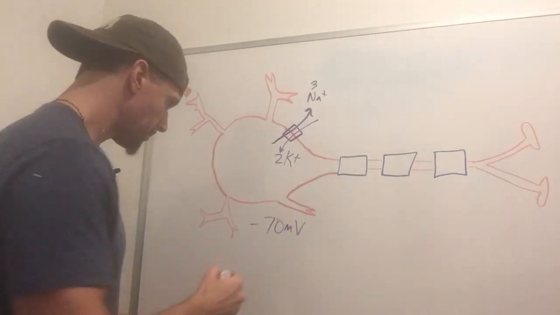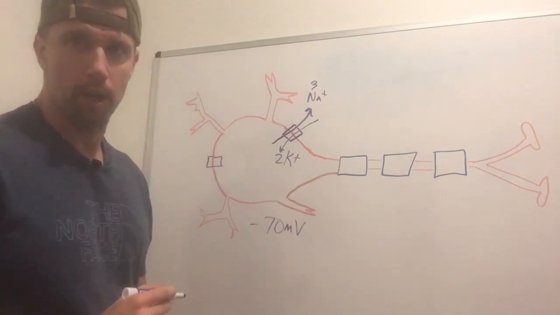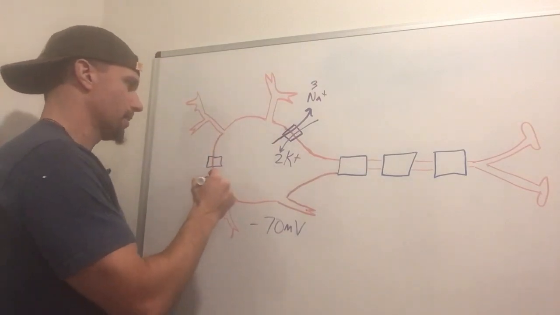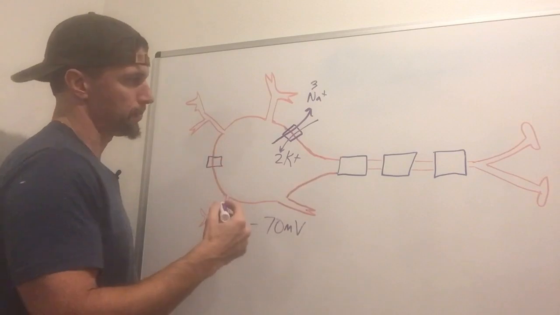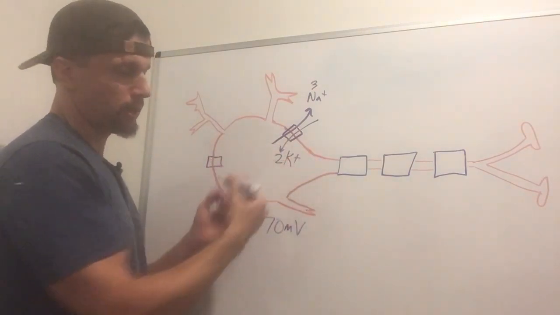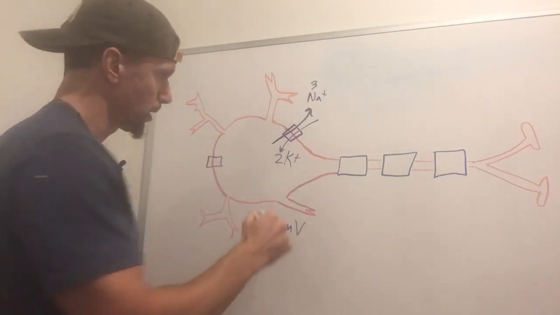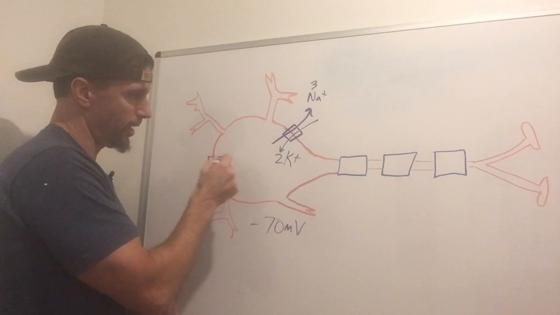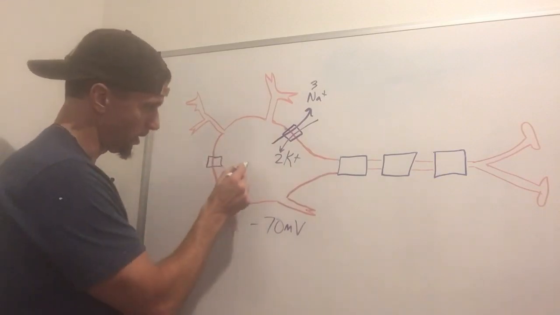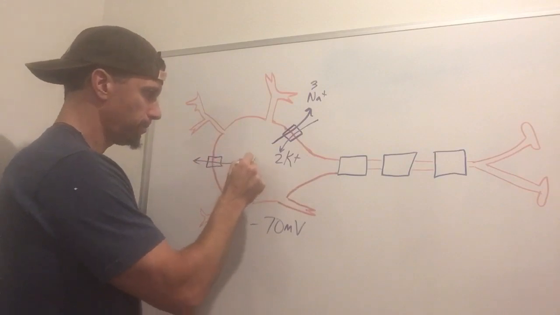So that's one. Two is another protein embedded in the neuron cell membrane, and it's a leaky potassium channel. Because of this concentration gradient, we have a lot of potassium inside the cell. So if there's a channel that allows it out, it's going to efflux out these leaky potassium channels.